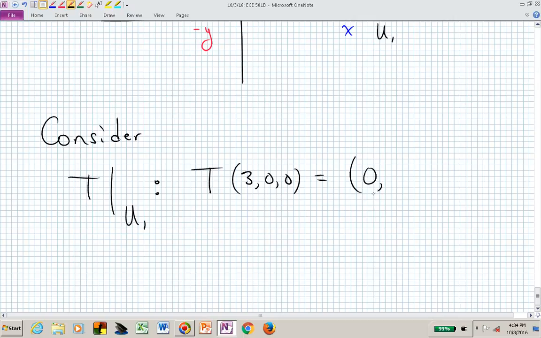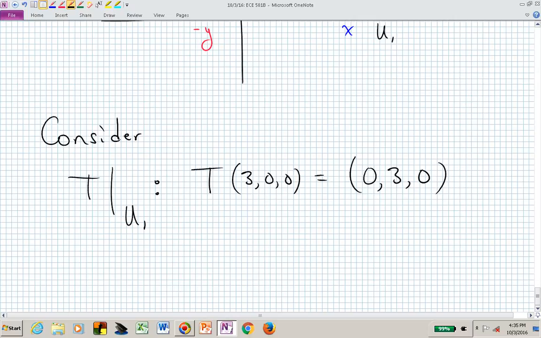Y now started at 0. That's now becoming our x-coordinate, which is 0. X bumps up to y. We now have a 3, and z didn't change. Now, does our output vector, 0, 3, 0, belong to the subspace 1, 0, 0? No.